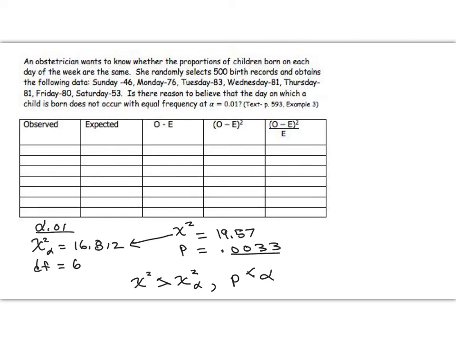So in this case, we would reject our null hypothesis. And that would mean that it appears that at least one proportion is different from the rest. That is my conclusion. At least one proportion is different than the rest.